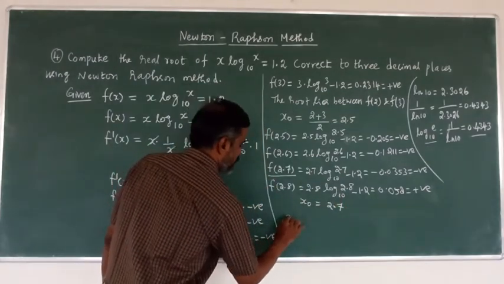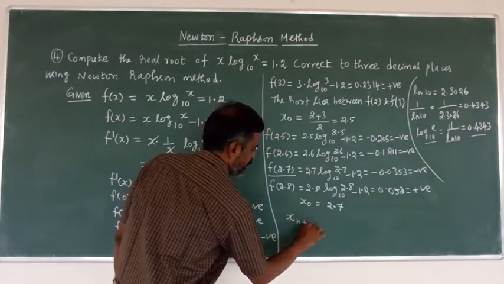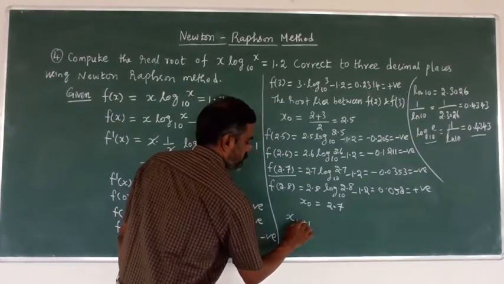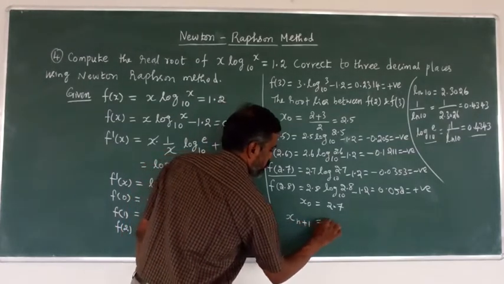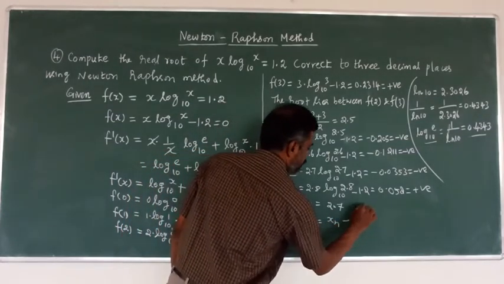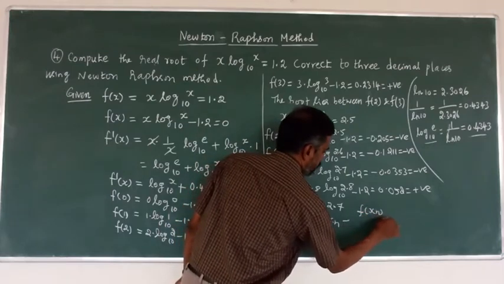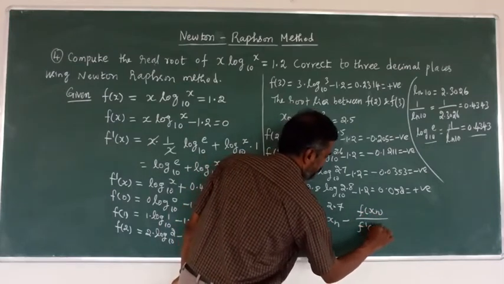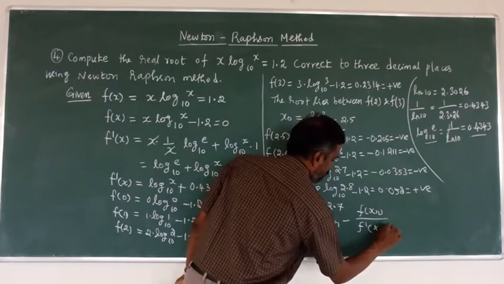Now Newton's Raphson method formula: xₙ₊₁ equal to xₙ minus f(xₙ) divided by f'(xₙ).